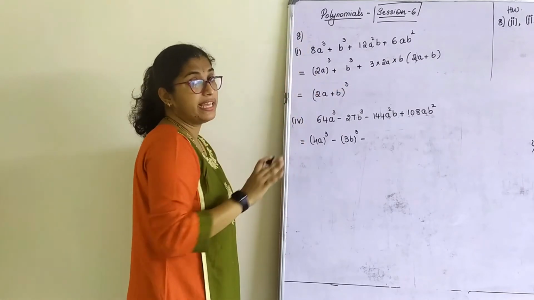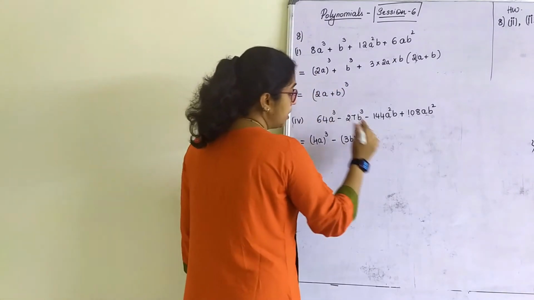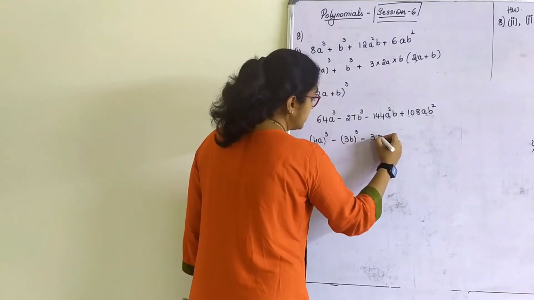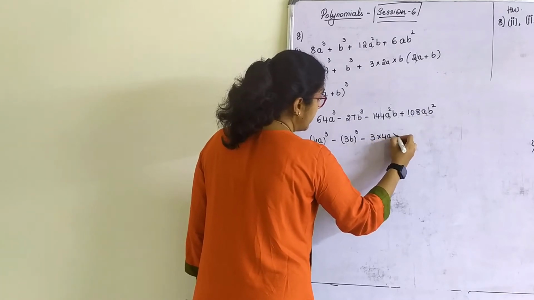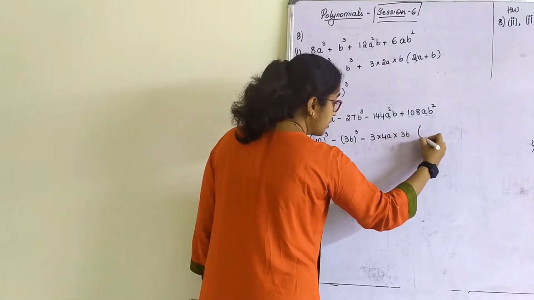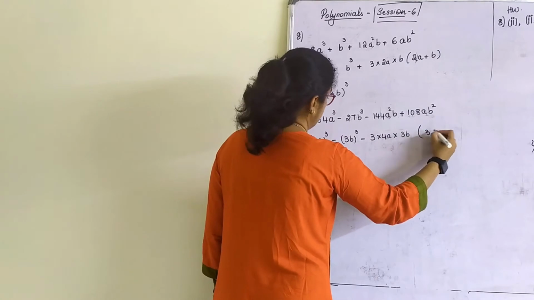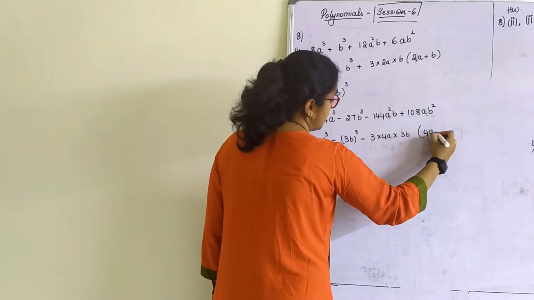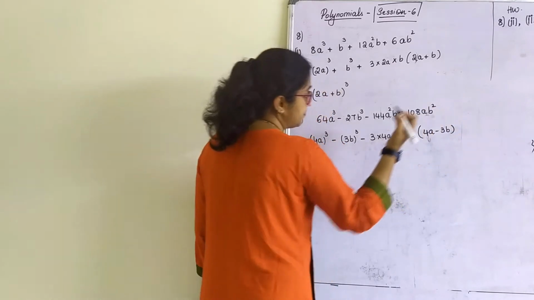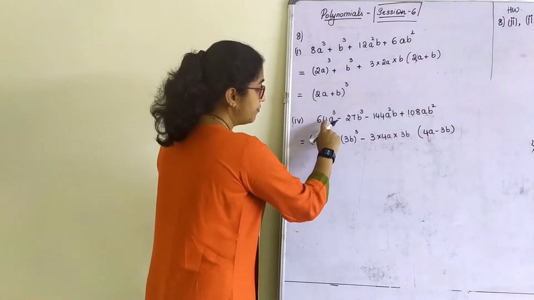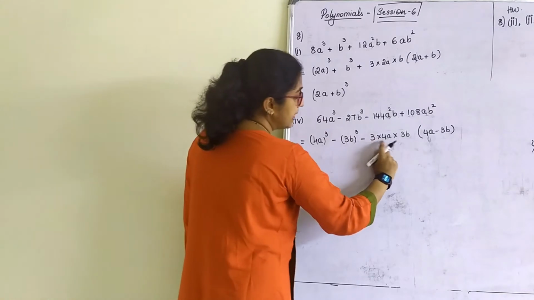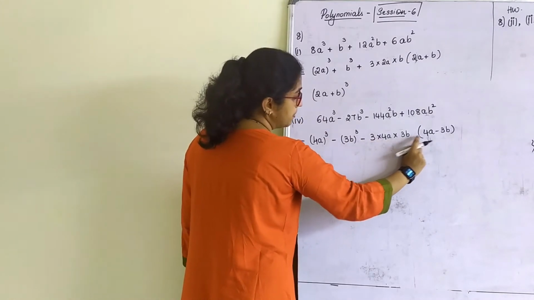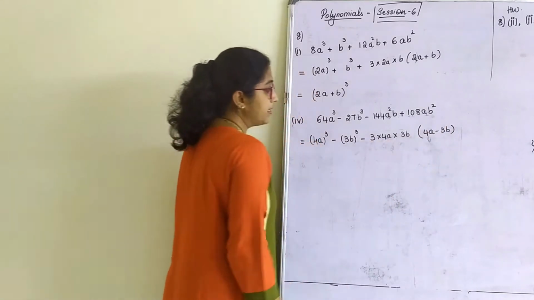Then we will multiply and see whether we are getting it right or wrong. Minus 3ab, that is 3 into 4a into 3b, of 4a minus 3b.